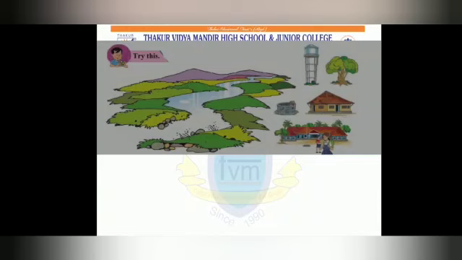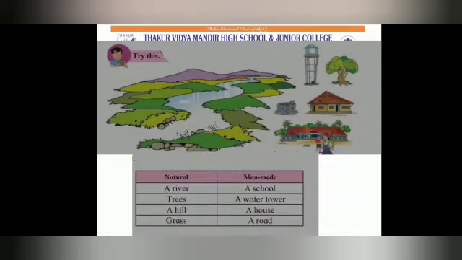Let us classify them into two groups, that is natural and man-made groups. The natural group includes a river, tree, hill and grass, whereas the man-made group includes a school, a water tower, a house and a road.